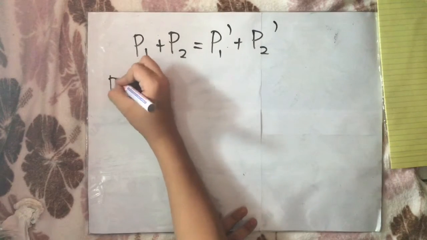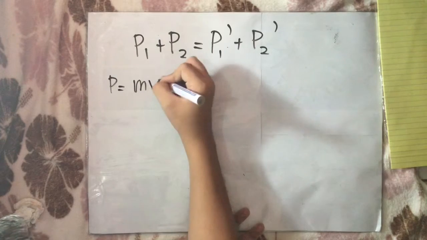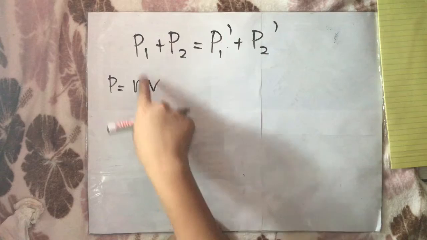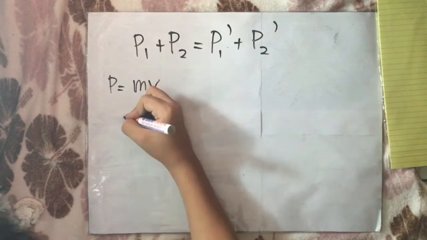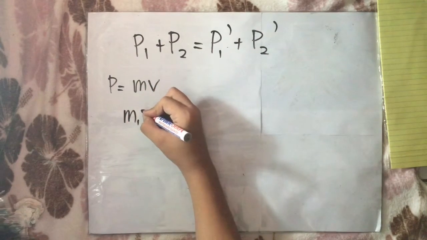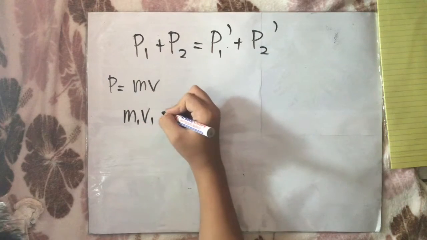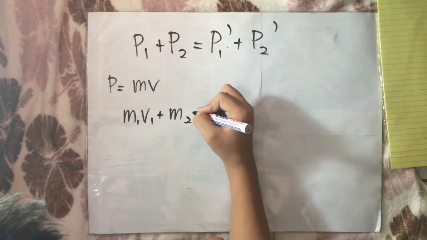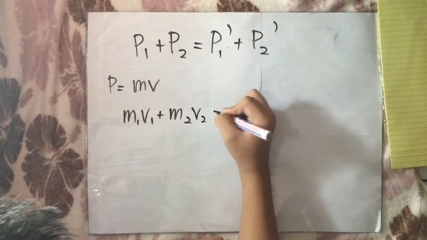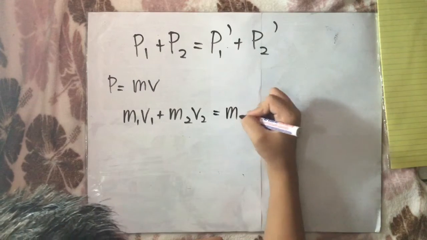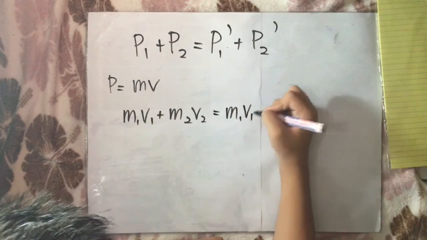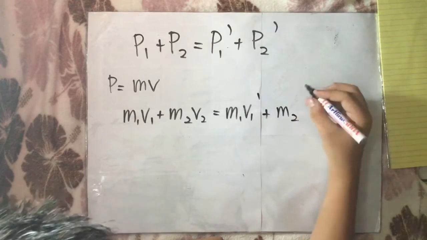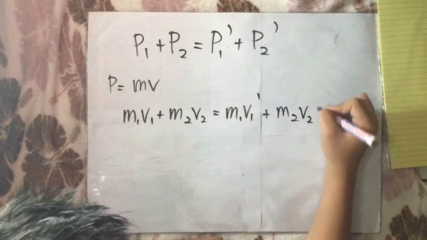Since the formula for momentum is mass times velocity, we can substitute mass and velocity for P. So the formula will be mass 1 times velocity 1 plus mass 2 times velocity 2 is equal to mass 1 times velocity 1 after plus mass 2 times velocity 2 after.